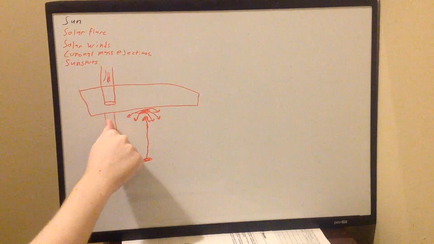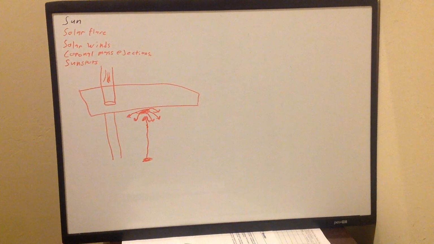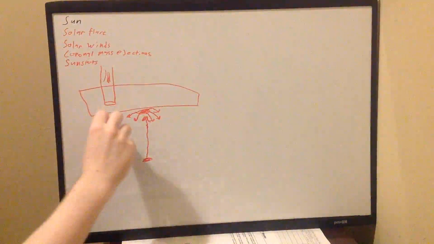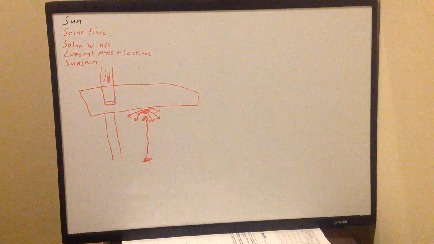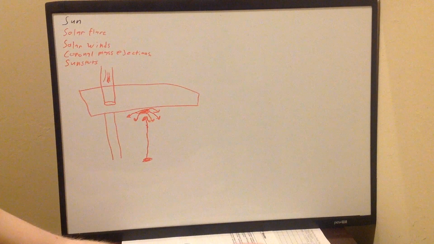The force will actually support you if you're moving along a magnetic field line and you're charged, so you're affected by magnetism. But if you try to move at a right angle to a magnetic field line, it's going to apply a force to you which opposes that motion. It makes it harder to move at right angles to magnetic field lines.